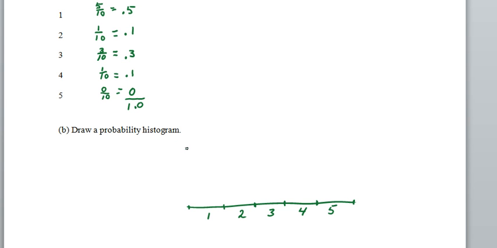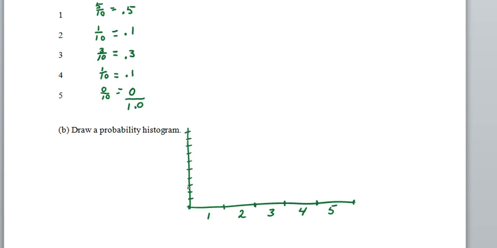On the vertical axis, we're going to want to list 1/10, 3/10, and 5/10. So let's try to draw 10 divisions there: 1, 2, 3, 4, 5, 6, 7, 8, 9, 10.